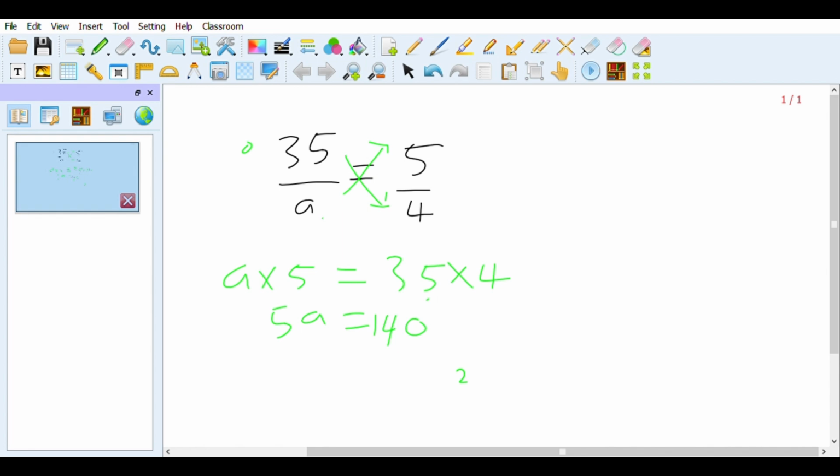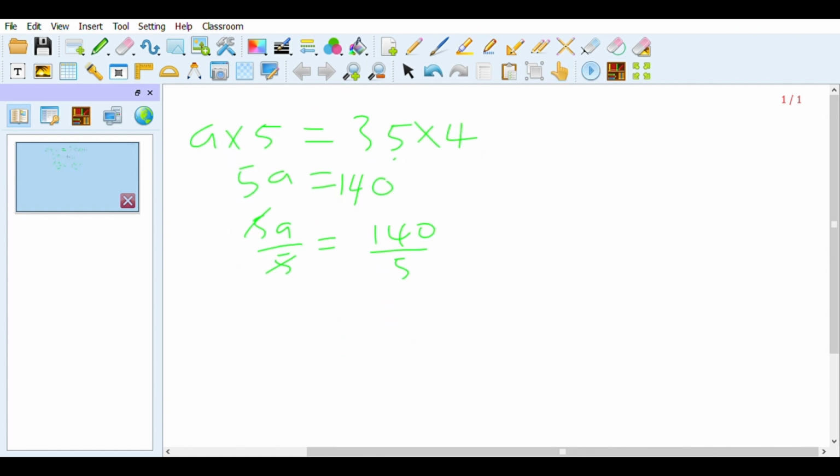So here we can divide both sides by 5 to find a. So 5a divided by 5 is equal to 140 divided by 5. We divide out the 5 there, and then we have a left. 14 divided by 5: 5 times 2 is 10, remainder 4.